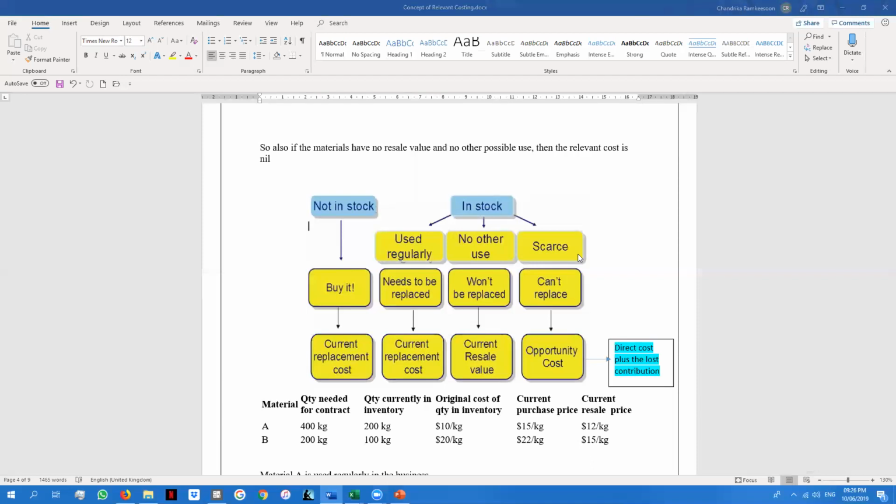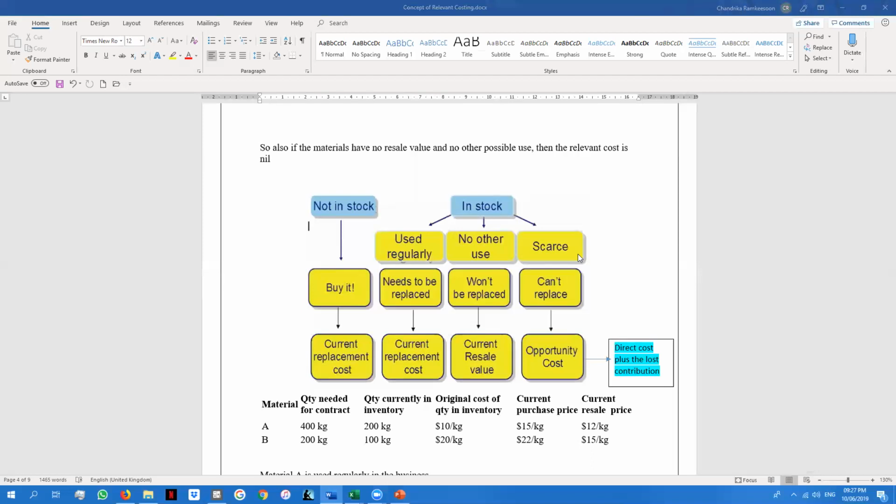And there's also another side to it. Since the materials are scarce and in short supply, any material which is diverted from our normal current production to this special job means we cannot also produce a unit or units which would have been produced. So when material is scarce, it cannot be replaced.